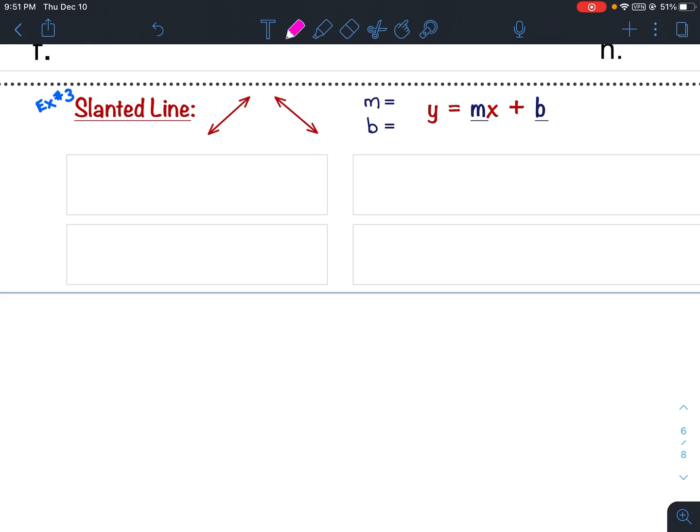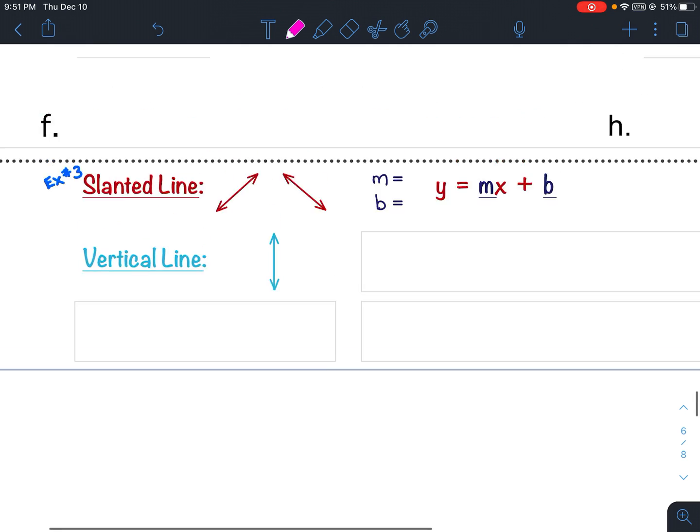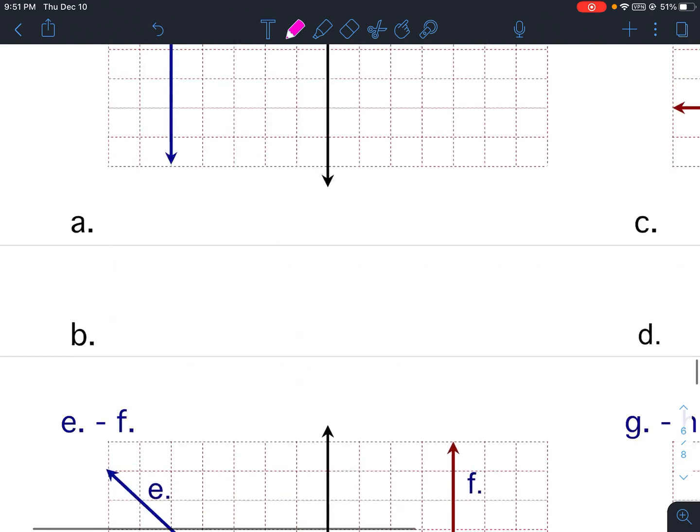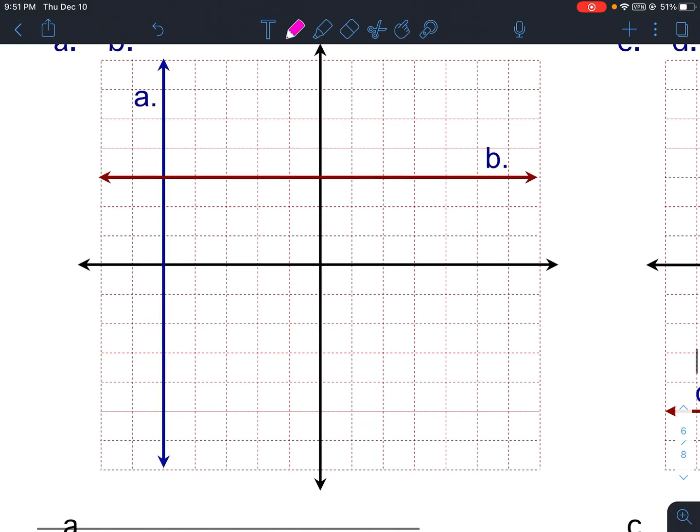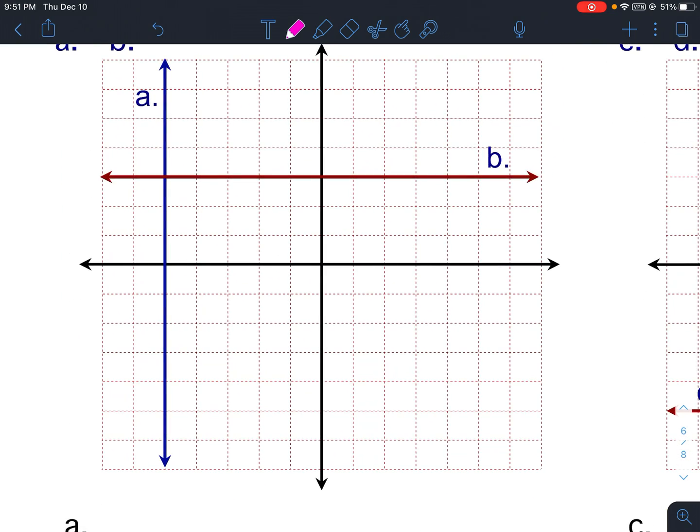The next type of line we're going to look at are vertical lines. Now, if I go up to example A, we have a vertical line. What axis does that line intersect?